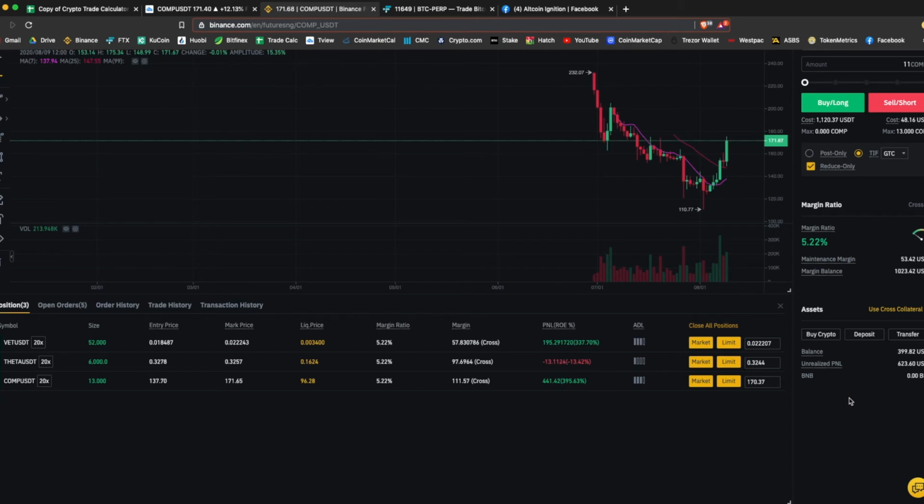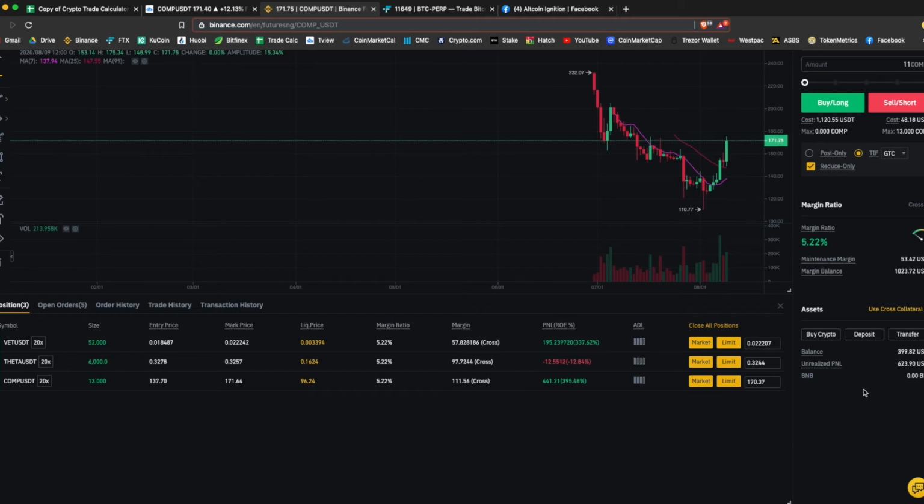So how does that work? Well, if I am trading at 20x margin and I take a position size of $100, it's only going to use $5 of my $500 here.